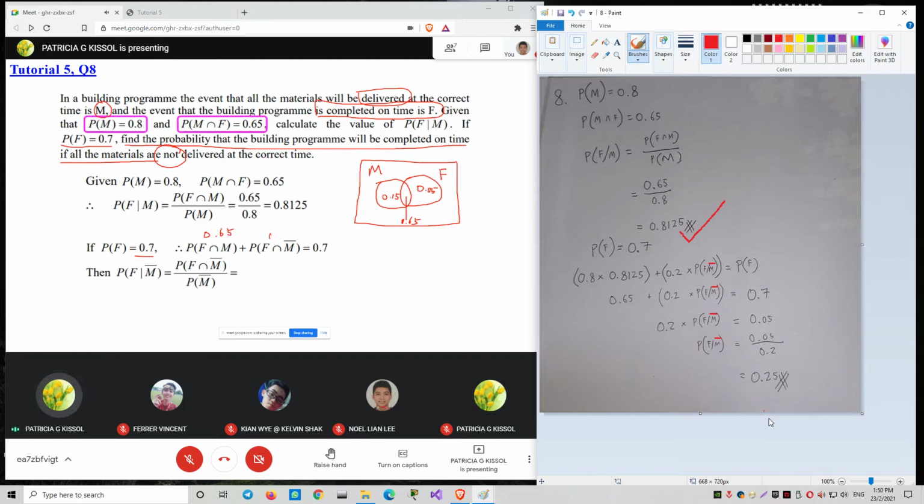So that means this value here, corresponding to that, would be 0.7 minus 0.65. Yeah, so that would give you the value, and the probability of not M is 1 minus the probability of M, which is already given as well. So you just put all the values in, and that would give you 0.25 as your answer.